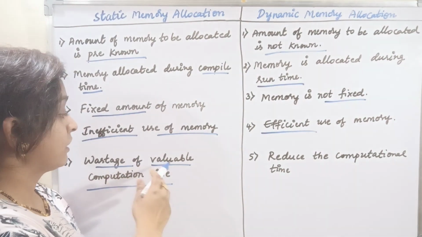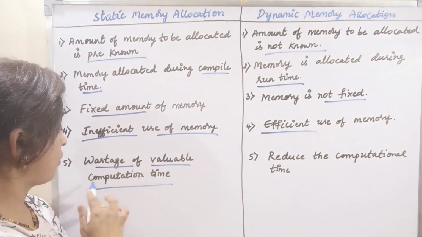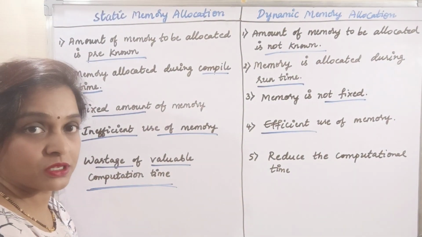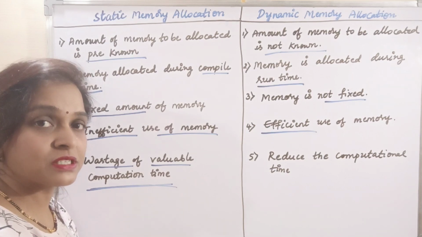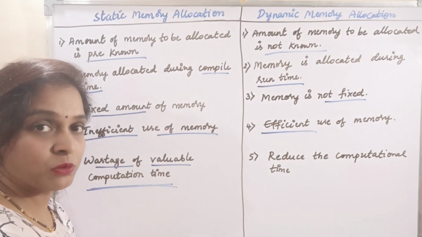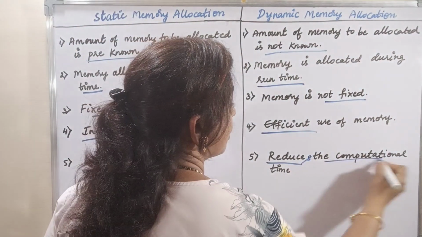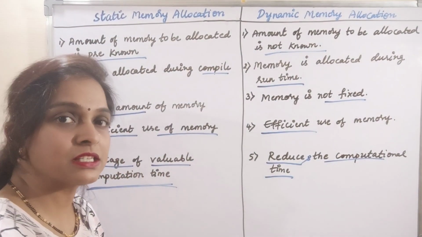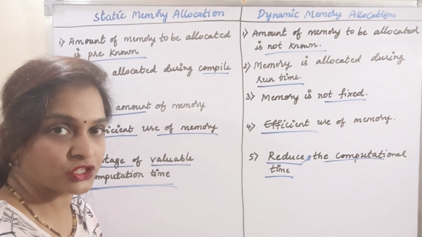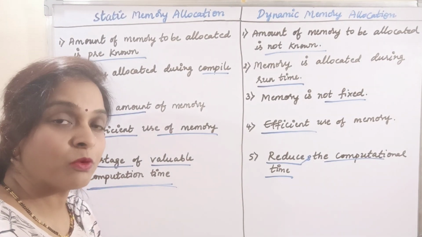So time is consumed more for the computational process. But dynamic allocation reduces the computational time. Less time is required for any computation because memory is not wasted.